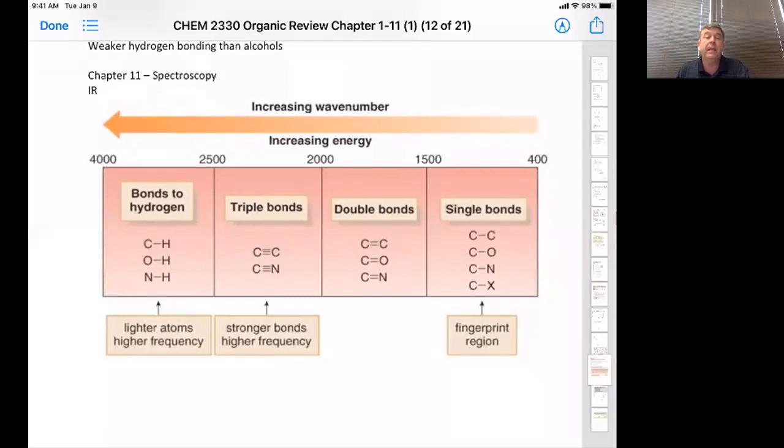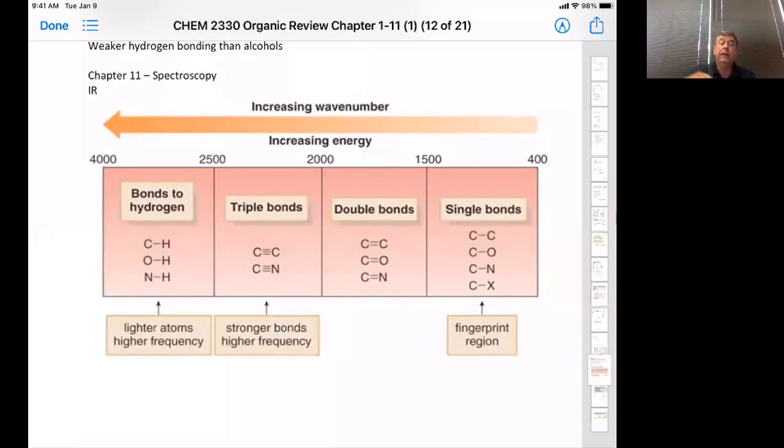And again, if the bond is present, it's going to absorb in these. So if you see a peak in that area, that means that that bond type is in that compound. And so whatever compound you choose has to have that bond type in it. Okay, so you're looking for what's there.